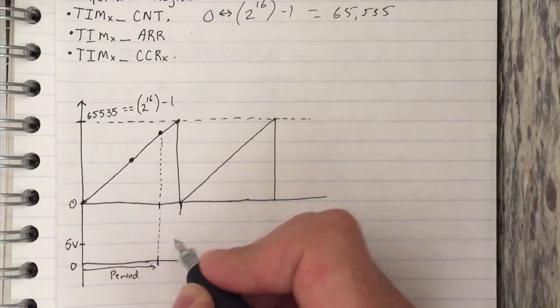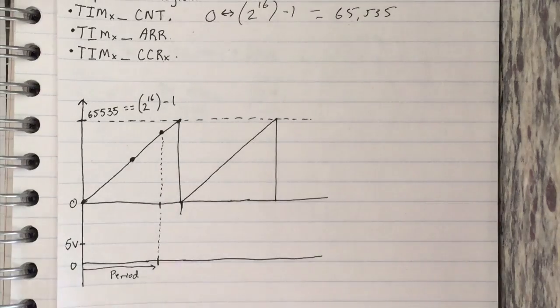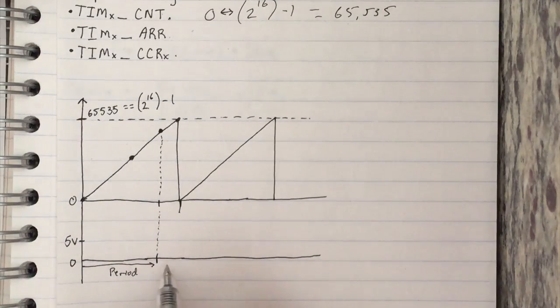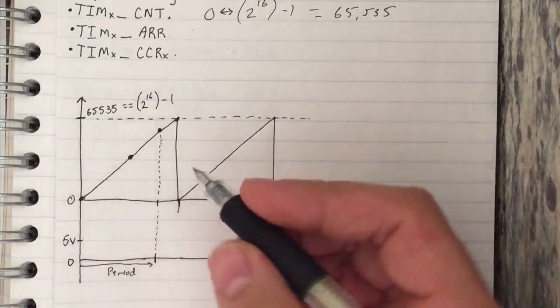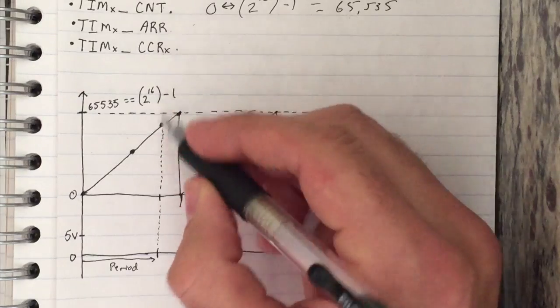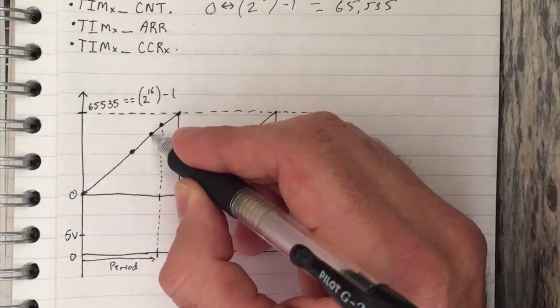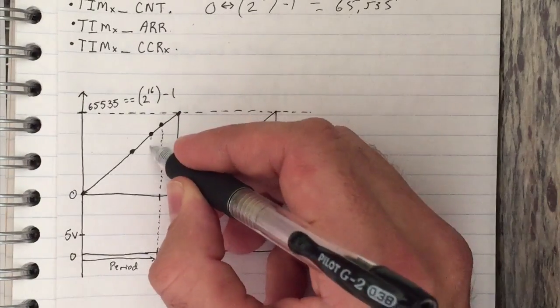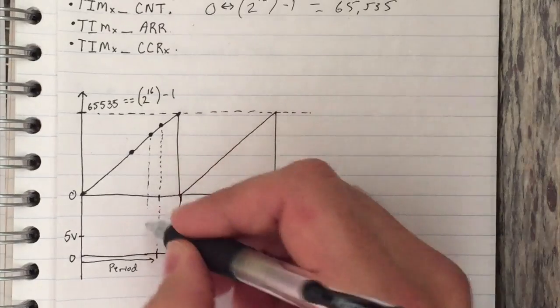So a 10% duty cycle means that the signal is going to be on for 10% of the period. Okay. So essentially what we have is the CCRX register is going to trigger at this point here, which we'll just say corresponds to 10% duty cycle.